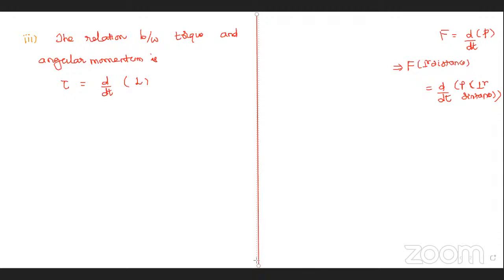Now you understood how I wrote tau and dL by dt. Just from here, since F equals dP by dt, from there I wrote this. Okay, this is just a reference.